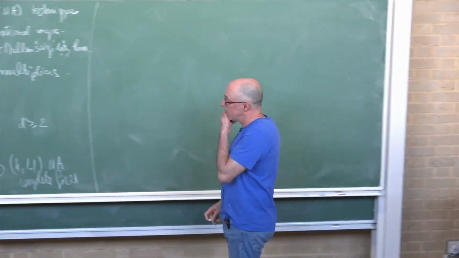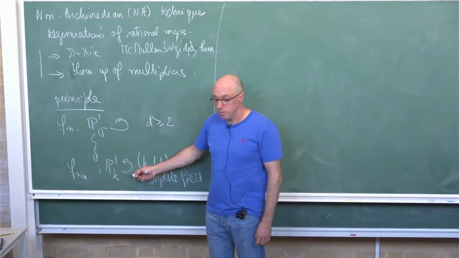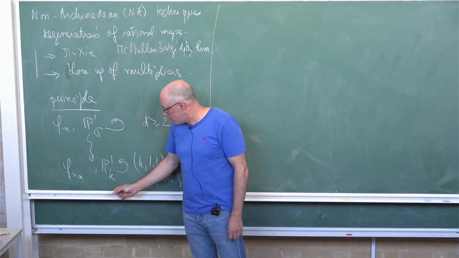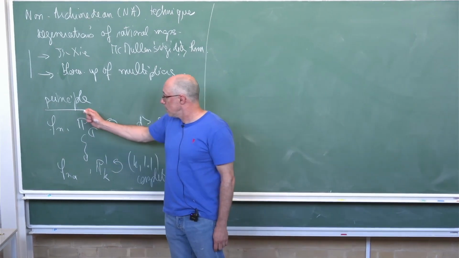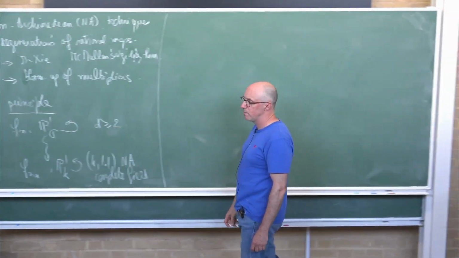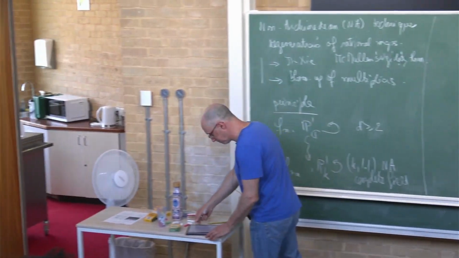And the idea is to study the dynamics of this new dynamical system, which is over this strange field, and from studying this dynamics to infer some interesting properties about how, for instance, the Julia set or the Fatou set degenerate for Fn. Okay, so that's the general principle.